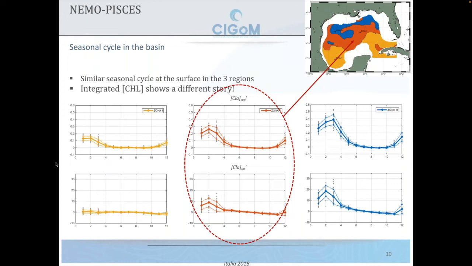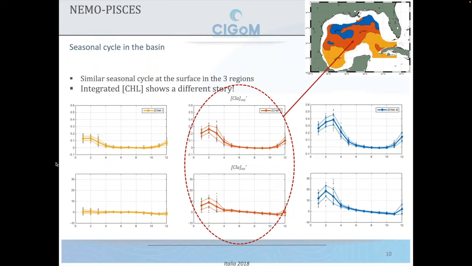There is no variation during the year. The x-axis is month, the climatology, from 1 to 12.